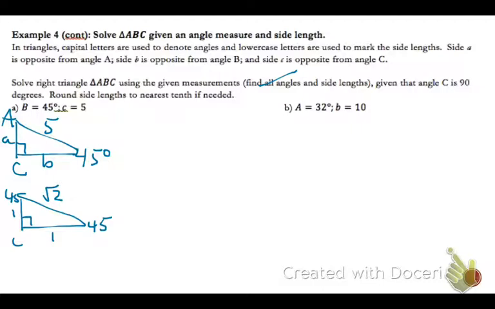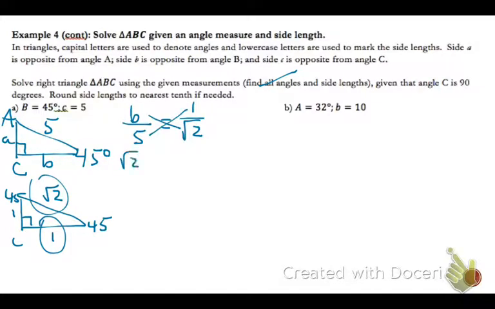From the first triangle, we could say side B compared to the hypotenuse 5 is equal to, and then I'm going to use the corresponding lengths, 1 over the square root of 2. Then I'll simply solve for B. Square root of 2 times B equals 5. So B equals 5 divided by the square root of 2, or if I rationalize that, 5 times the square root of 2 over 2.